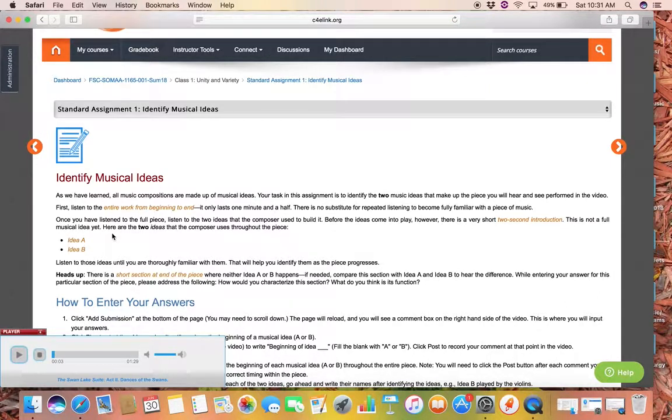One of the things that you want to take notice of is, if you play it again, look at the timer. Idea A lasts less than 10 seconds. So that's important to remember when you're marking down these ideas.